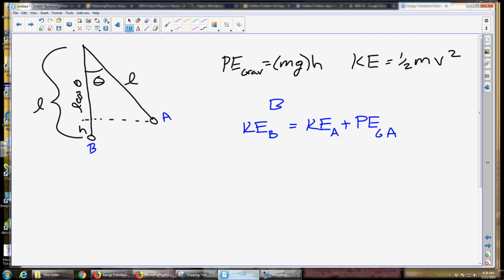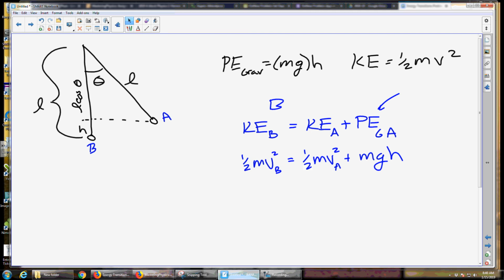Now for part A, all they want to know is this one here, right? So you can just substitute in there mgh, and here you have the 1/2 m v_A squared. Here you have the 1/2 m v_B squared.